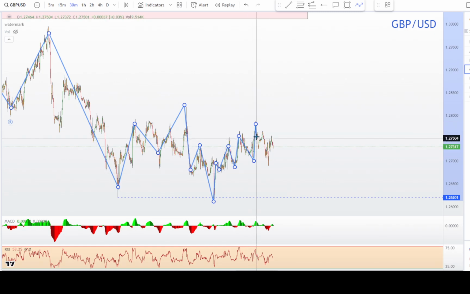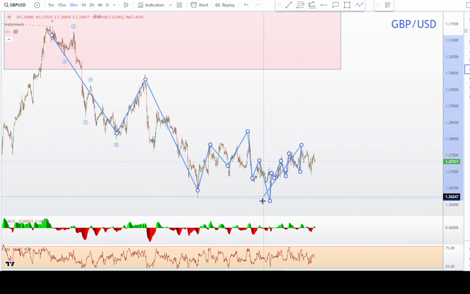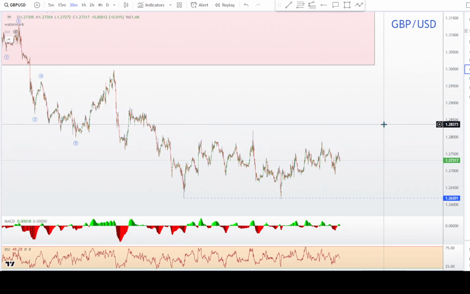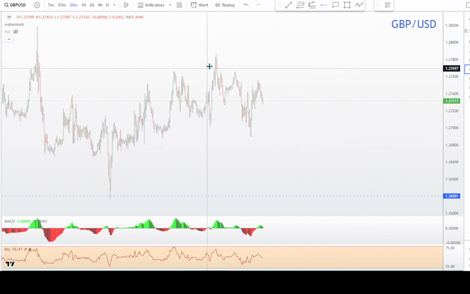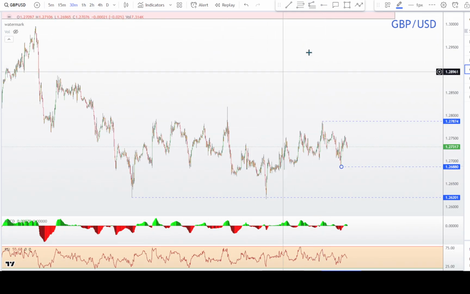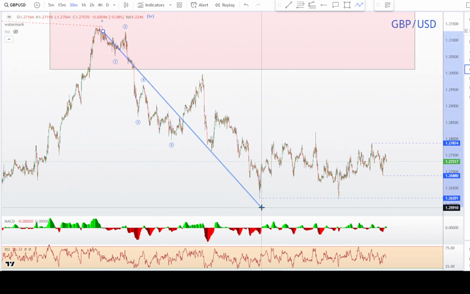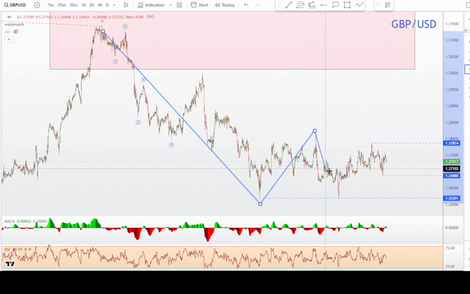this last wave doesn't look like 3 waves up. So I'm wondering if this is just the first part of the 5 waves, and because now you've got a 3-wave correction, what I'd be looking for is one of these 2 levels to get broken, because it is possible that this 3-wave is 1, and then you've got a 1, 2, and it could be that this is the C wave, that it is a diagonal.